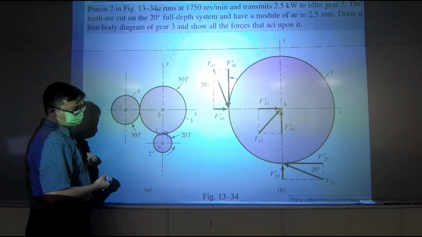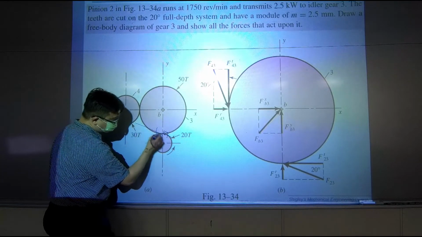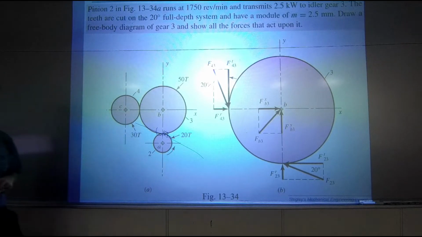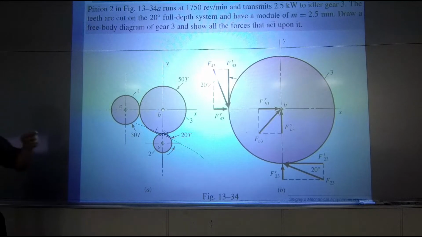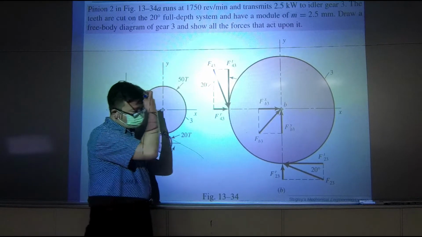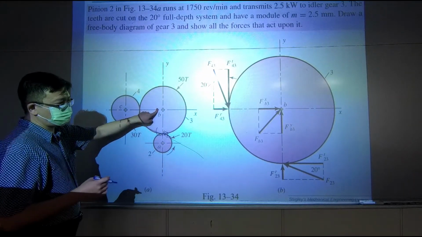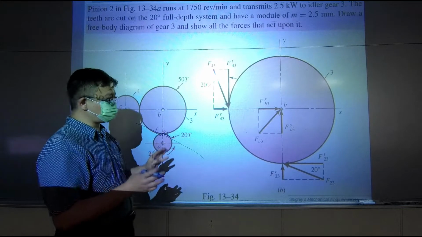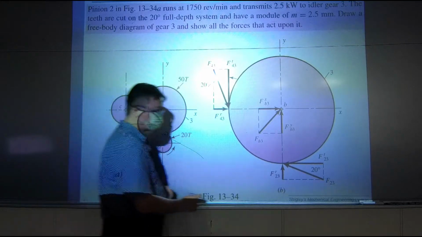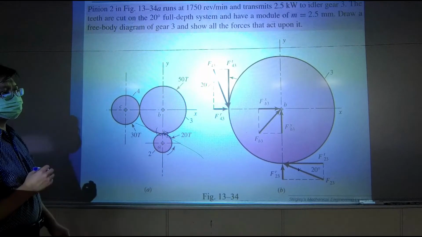It's being pushed, and the pressure angle should be drawn in this way. And that's why, if we observe the free body diagram of gear B, the external force coming from gear A comes from this direction. Okay?